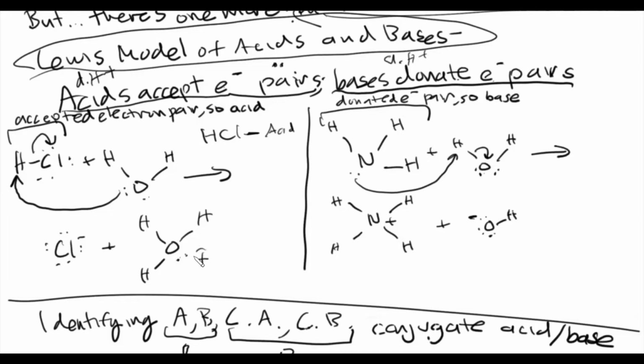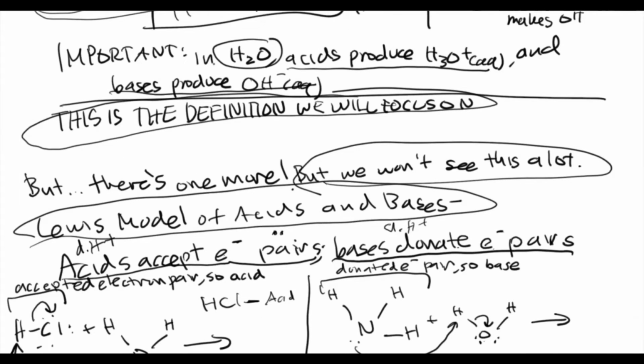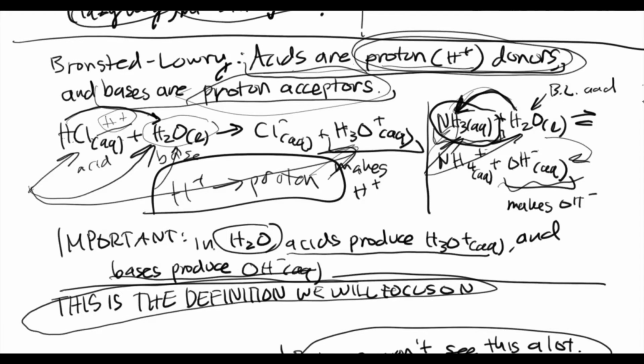So this has a plus charge. I should have drawn that. And so I drew all of these structures. So let me just write the reaction down here. HCl plus H2O becomes Cl minus plus H3O plus, just like that reaction we just did up here.